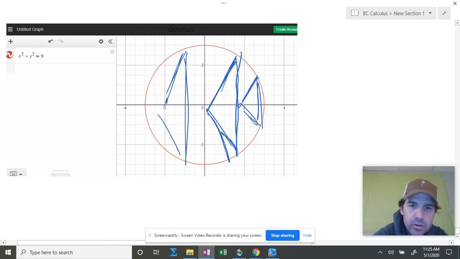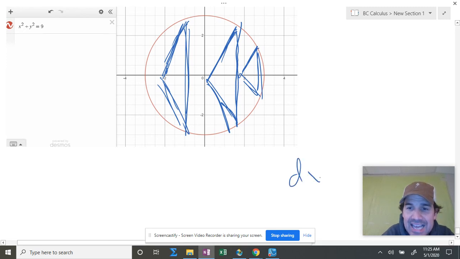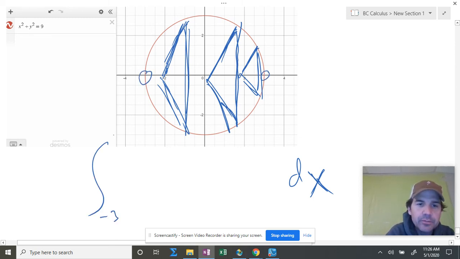So it's kind of a weird shape here. You're sweeping along the x. If you're sweeping along the x, it's dx. That's what an x looks like. Your x values are going from negative 3 to positive 3.